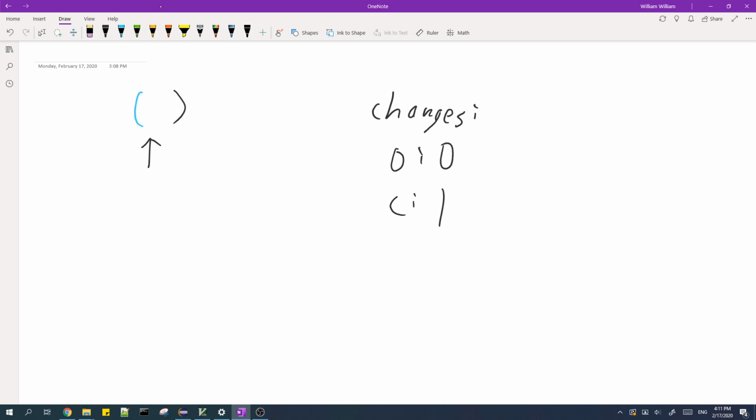Then you update the number of changes, the number of opening characters, and the number of closing characters. Then we process the next character, which is a closing character, and we increase C by 1. Since O is still greater than or equal to C, nothing happens, and we don't change this character. So the answer for this substring is also 1.